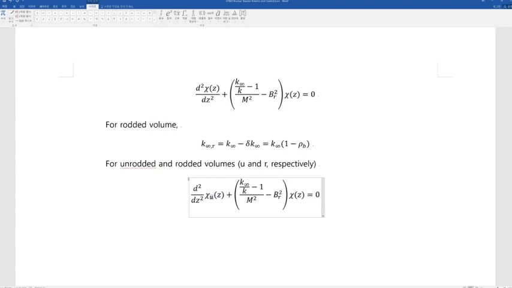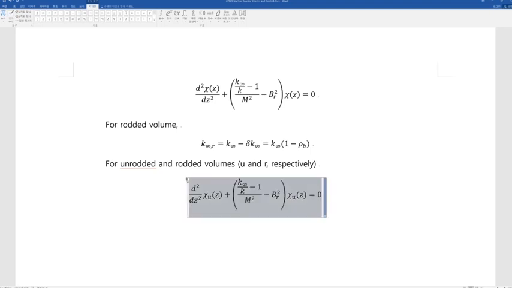So we are going to have a multiplication factor. The k infinity is simply placed here, and of course this would be the chi for the unloaded volume. For the loaded volume, the equation would be slightly different.